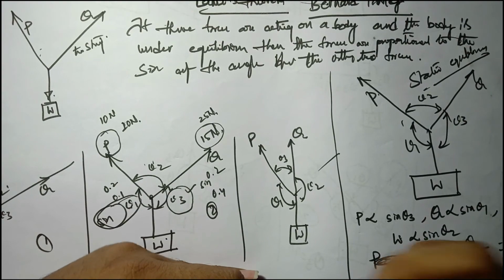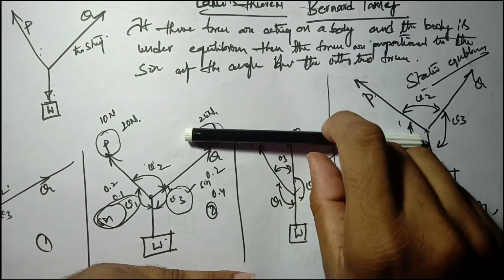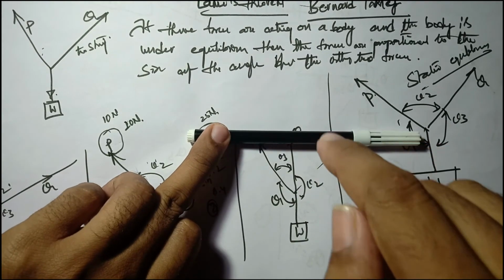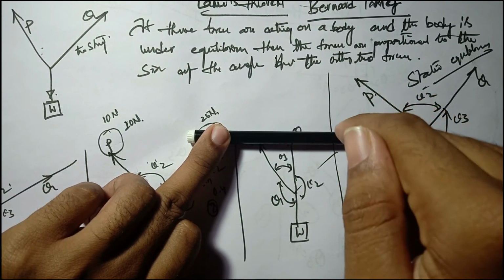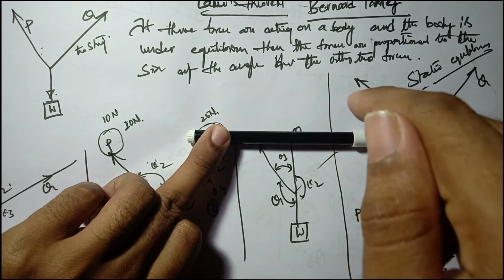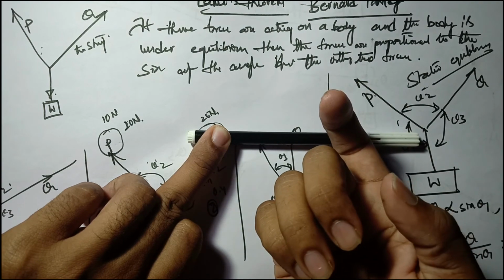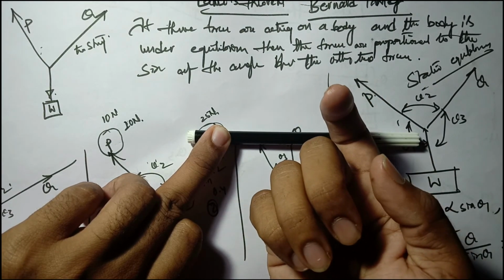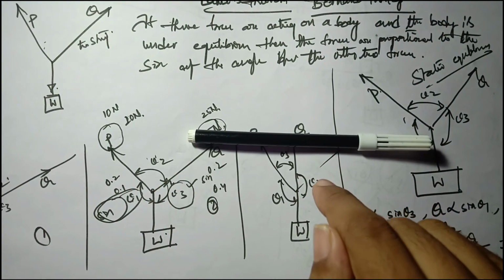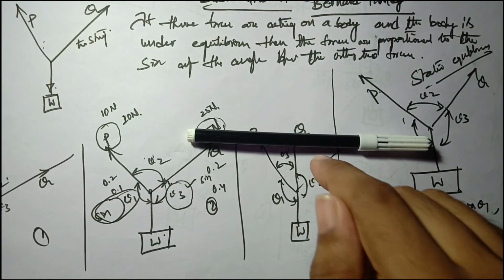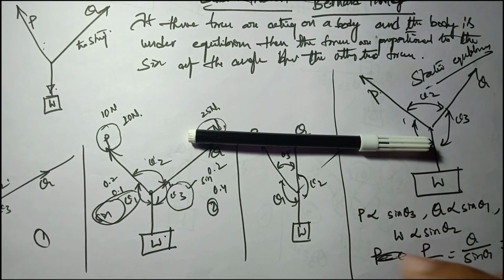Suppose you consider this sketch as an example. Right now this one is giving a force in the downward direction, and it is also getting a force in the upward direction. That's why it is in static position. That is what static equilibrium means. So right now this one is under static equilibrium.